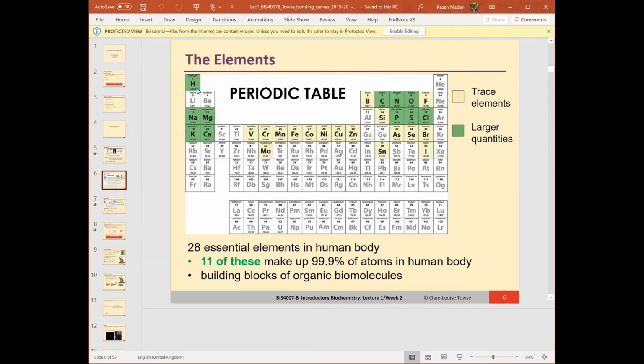Okay, I want you guys to look at your periodic table. The first two groups, the one that starts with hydrogen and the second one that starts with beryllium, those two groups are called the S block. Then you have the block from boron onwards, boron, carbon, nitrogen, oxygen, those groups are called the P block.